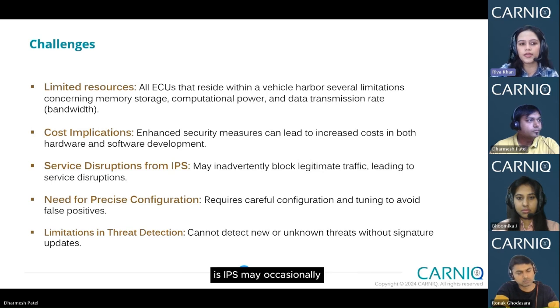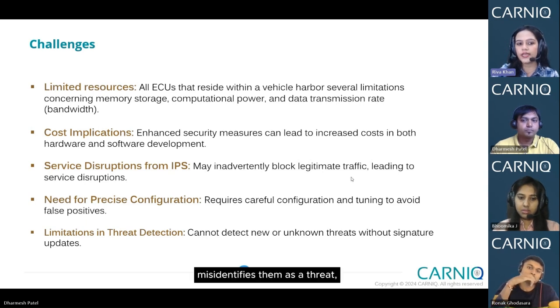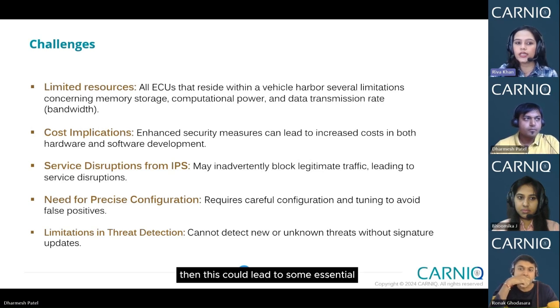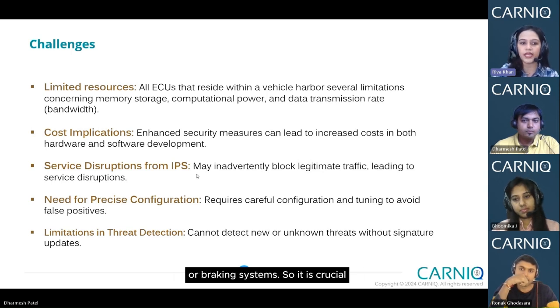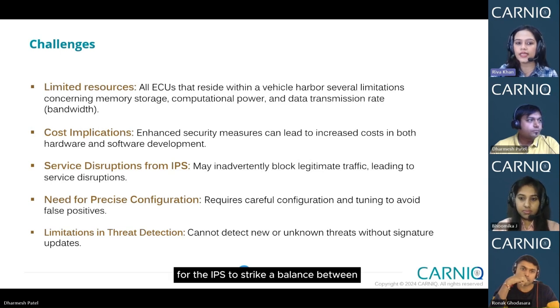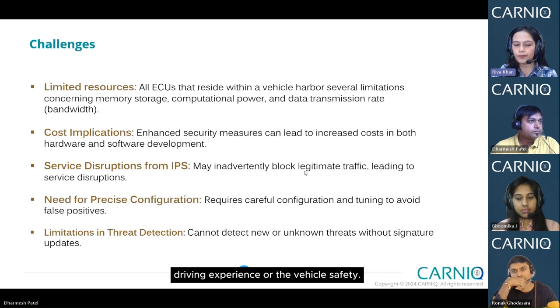Sometimes IPS may occasionally block legitimate vehicle communications if it misidentifies them as a threat. This could lead to disruptions in essential vehicle functions, such as navigation or braking systems. So it is crucial for the IPS to strike a balance between security and functionality to prevent disruptions that could affect the driving experience or vehicle safety.